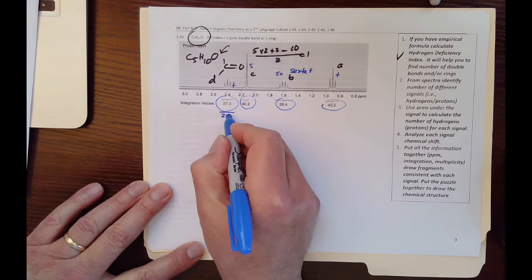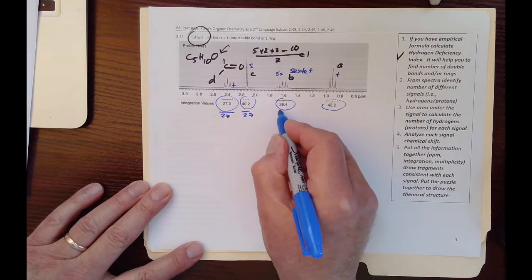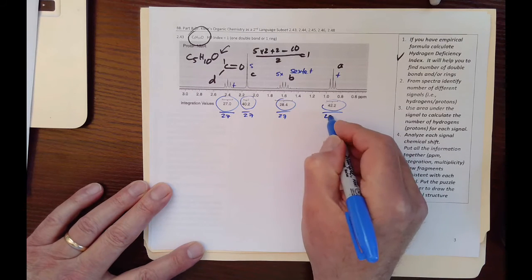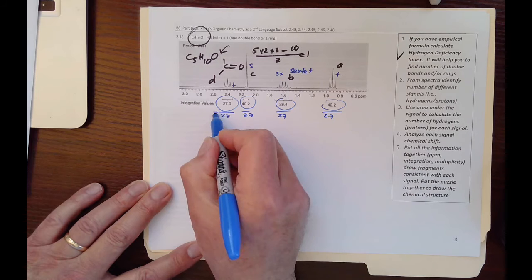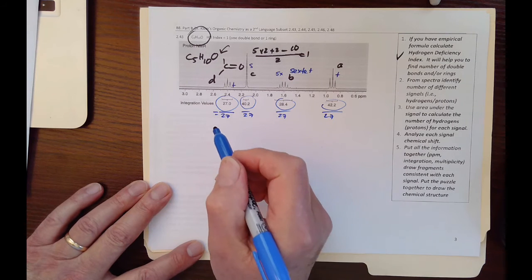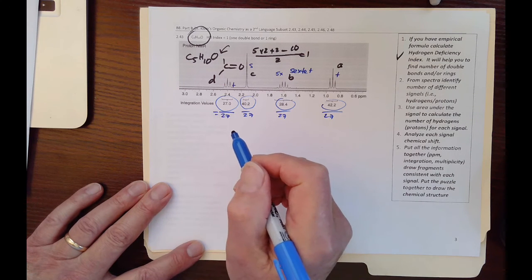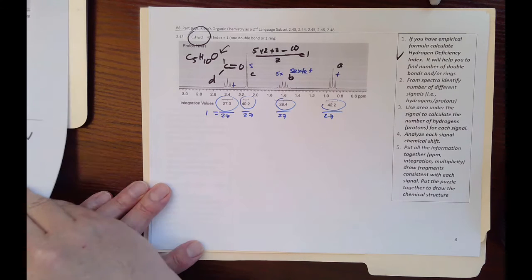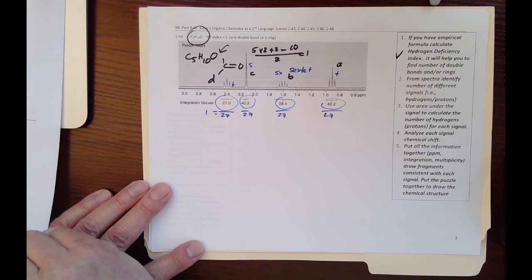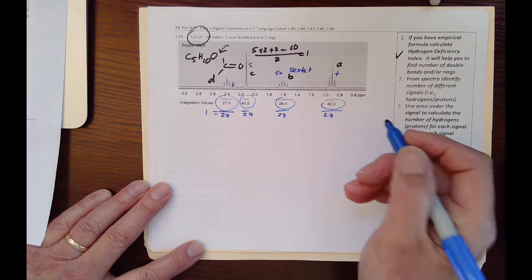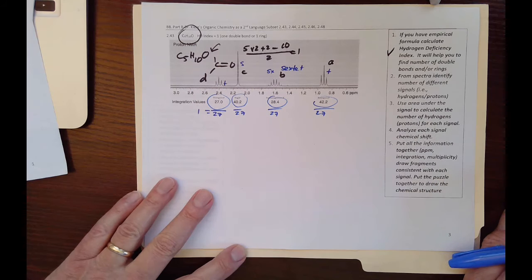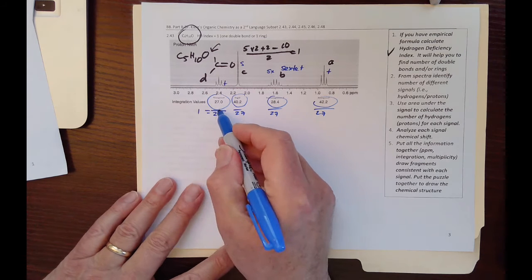So we divide by 27, 27, 27. Remember, 27 divided by 27 is 1. So of course the lowest number is 27, so it's 1.